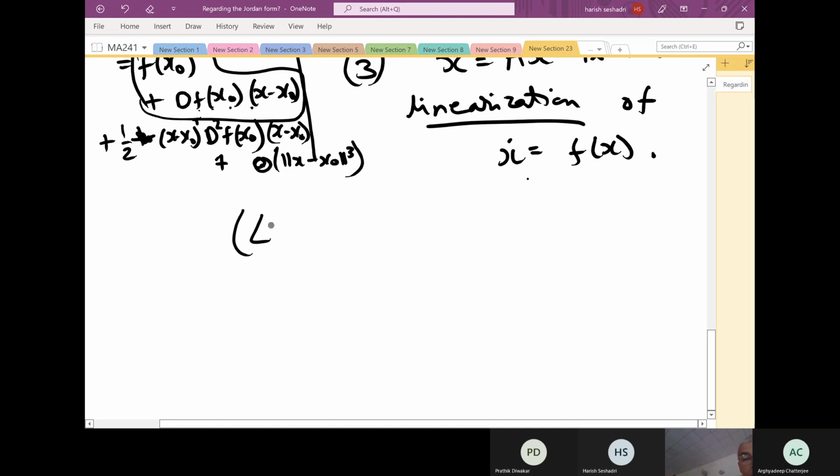So this assumption is crucial if you want to use the linearization technique. The assumption is that x naught is a hyperbolic fixed point.